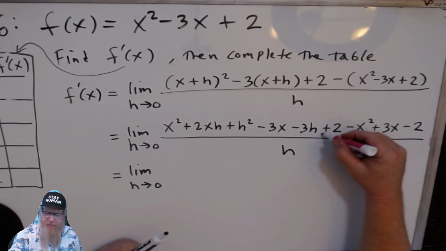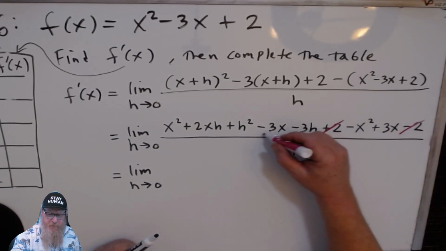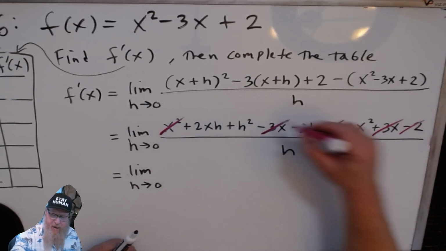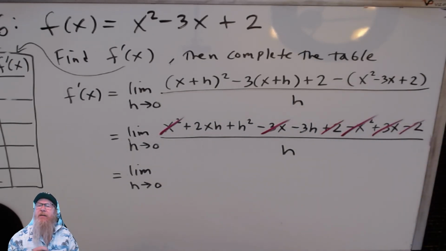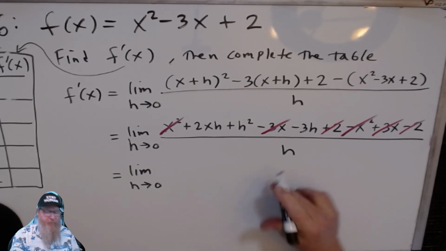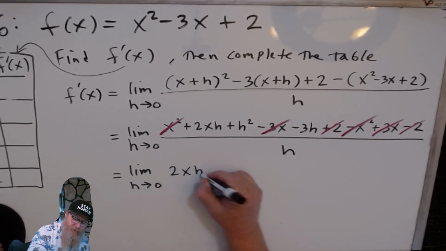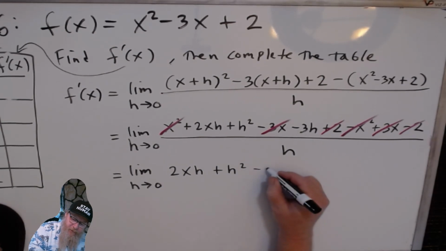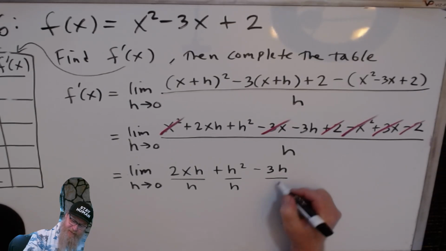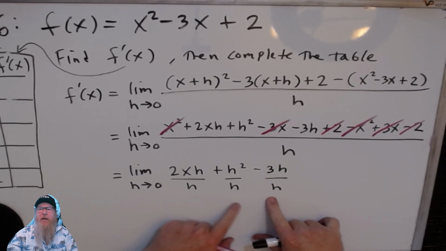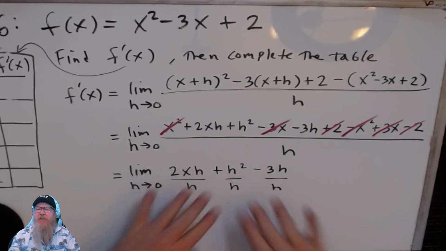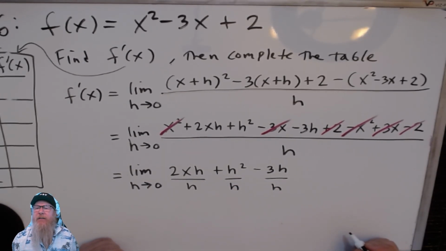So you're going to cancel the 2 and the negative 2, the 3x and the negative 3x, the x squared and the negative x squared. All right, don't cancel the h yet. Hold off. If you try to cancel the h right now, it typically will not go well for you. I've seen that, and it ends badly. Wait till this last step. Write the h 3 times or 2 times or however many times matches the number of terms that you have left.